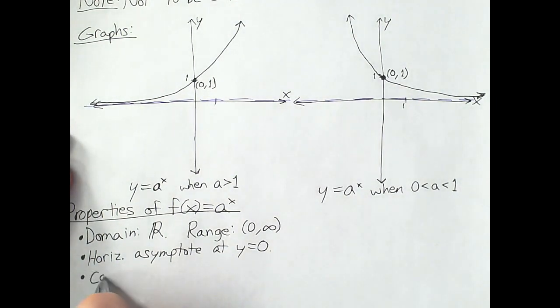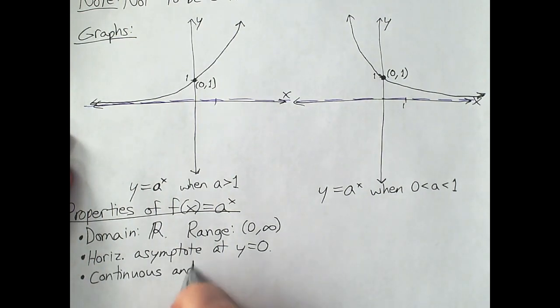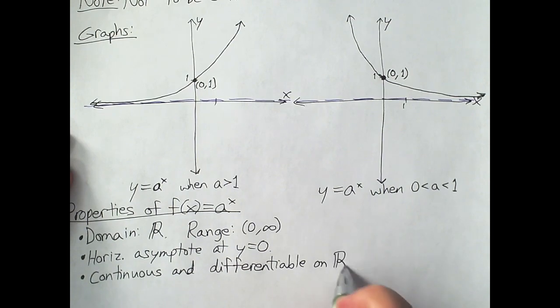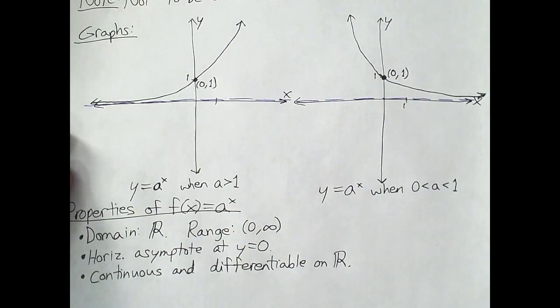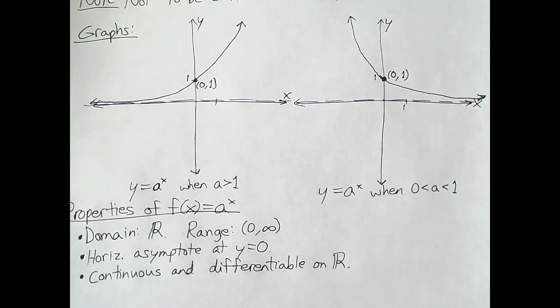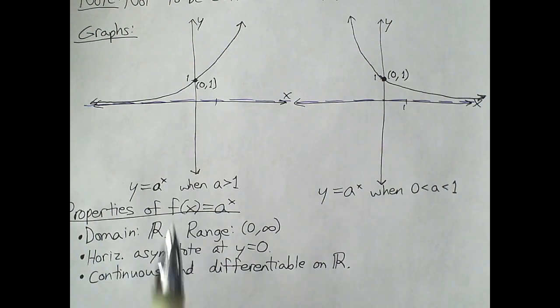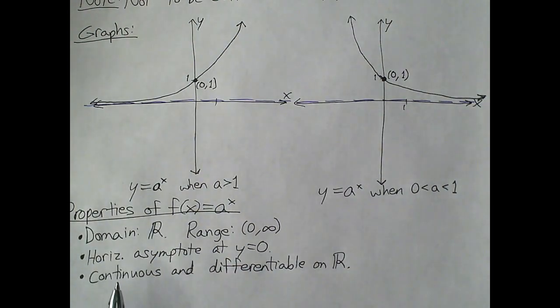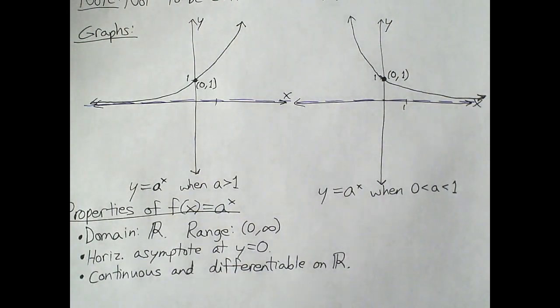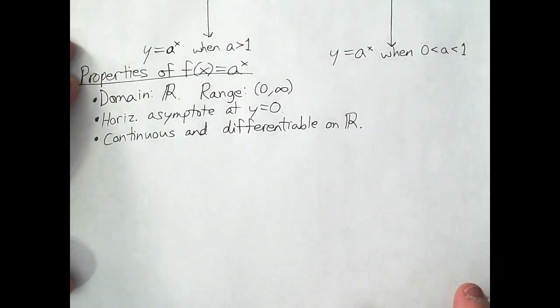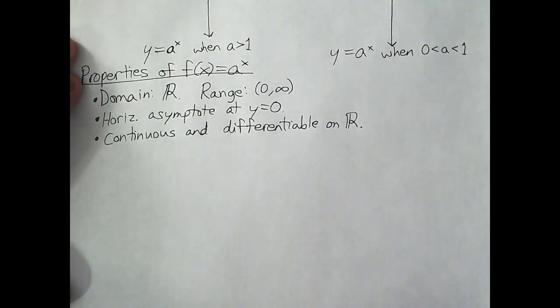And I'm going to say that they are both continuous and differentiable on the set of real numbers, on the entire interval from negative infinity to positive infinity. Any x value you want, this curve will be continuous and differentiable. So that's good. We like functions that are continuous and differentiable in calculus.